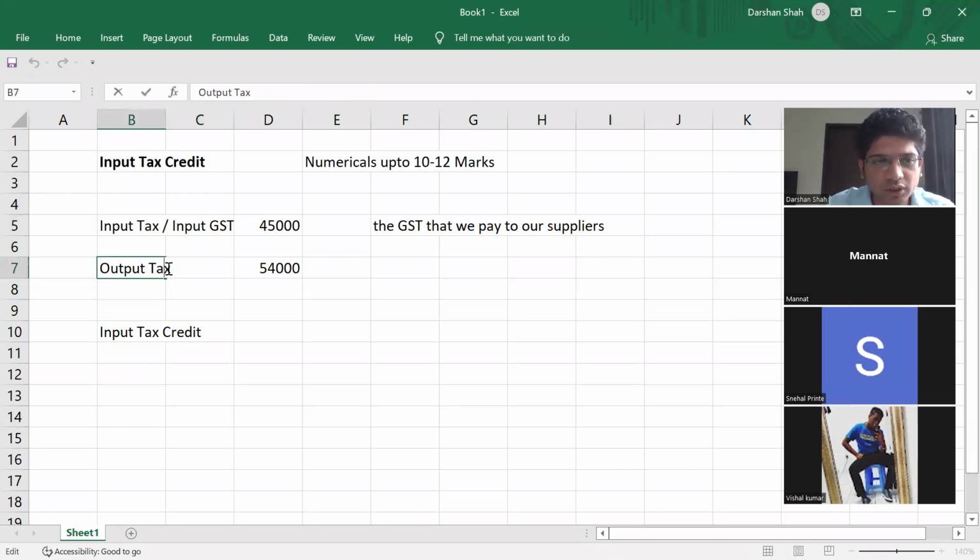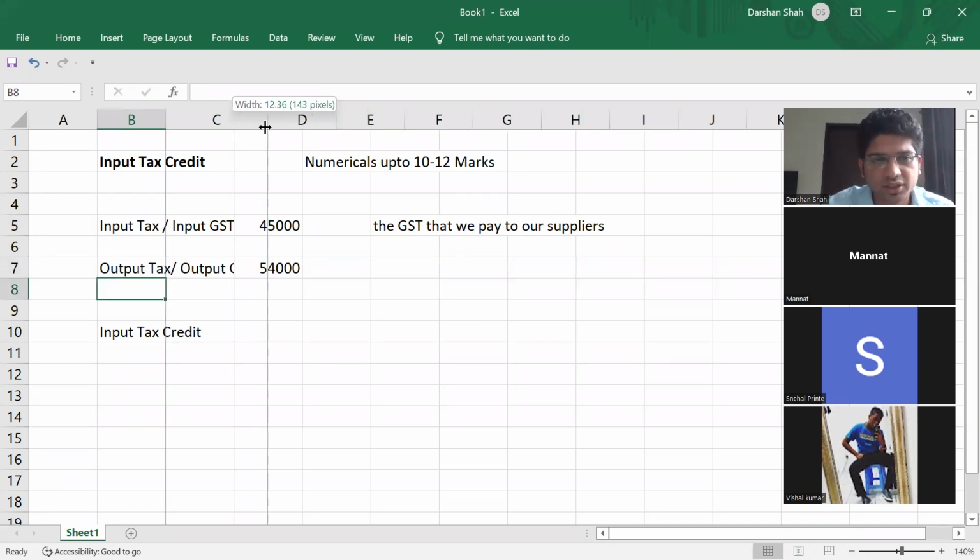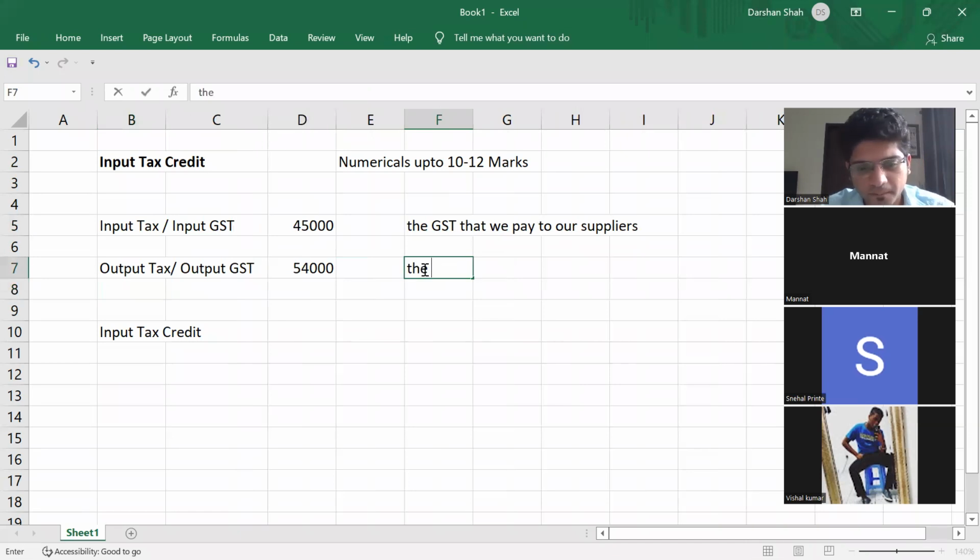Output tax or output GST is the GST that we collect when we sell goods. It is the GST collected from our customers.